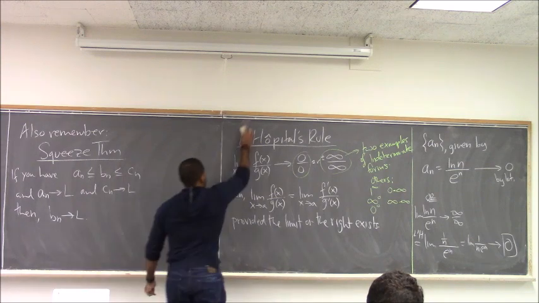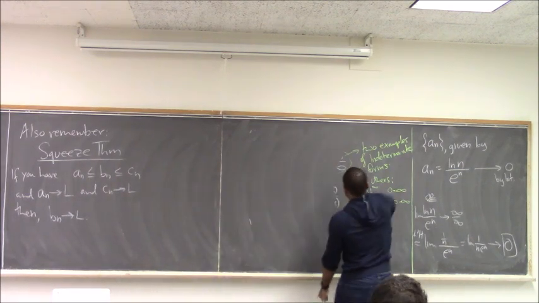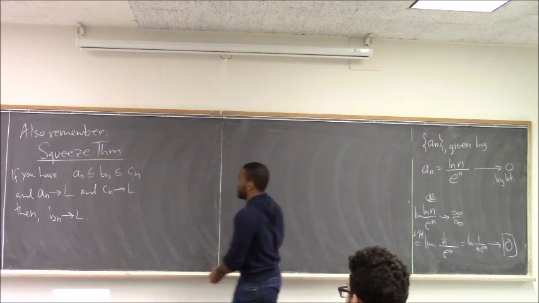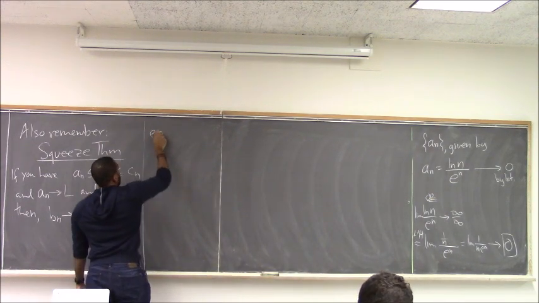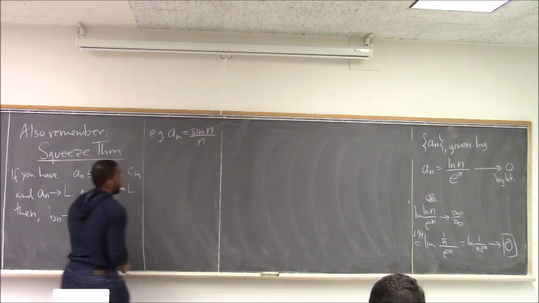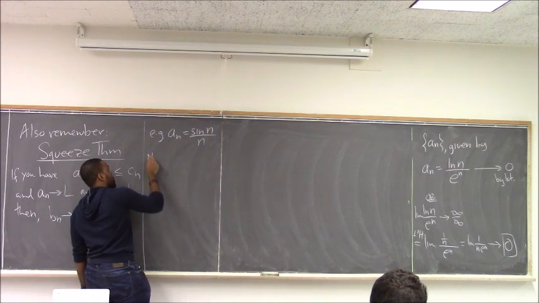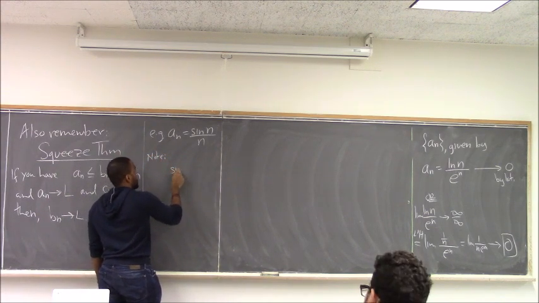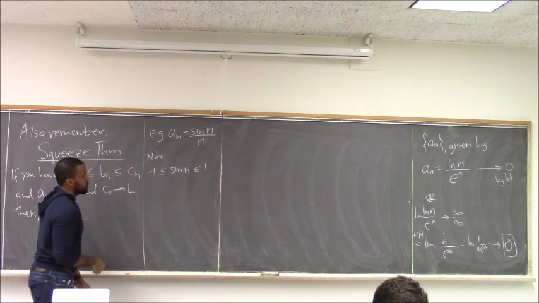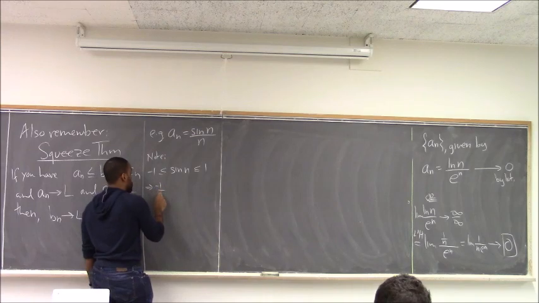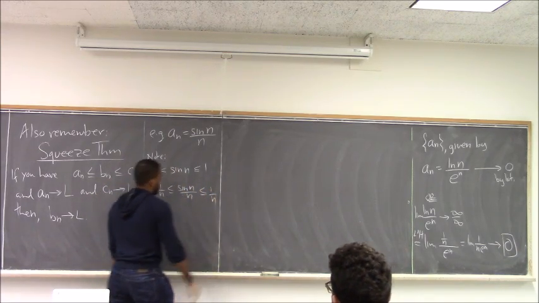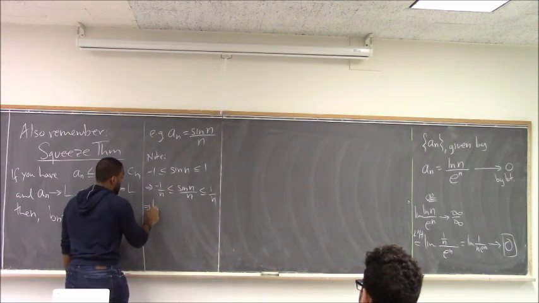So if I have something like, for example, a_n equals the sine of n over n, what I can do is note that sine n is always going to be between negative 1 and 1, which means I can divide everyone by n. Means I can take the limit of everybody.